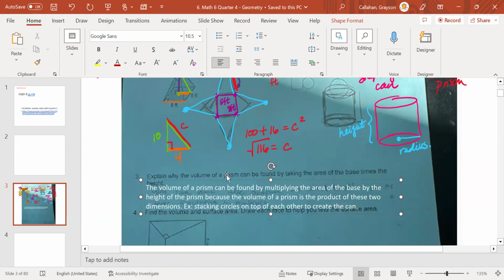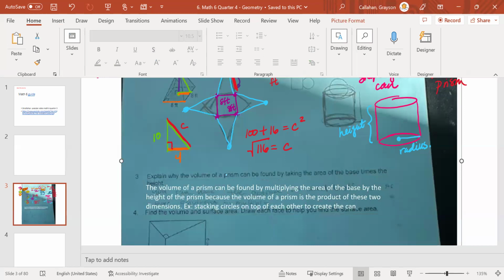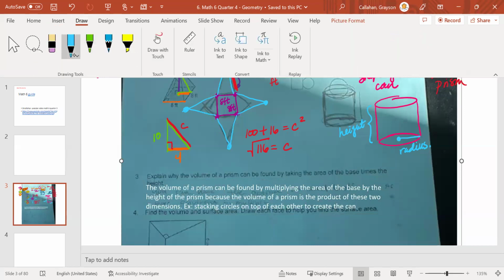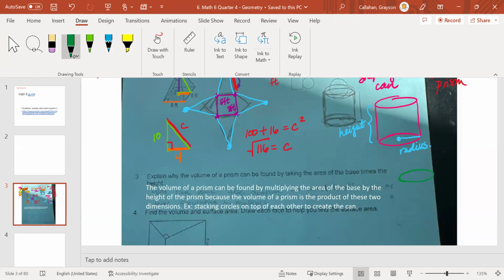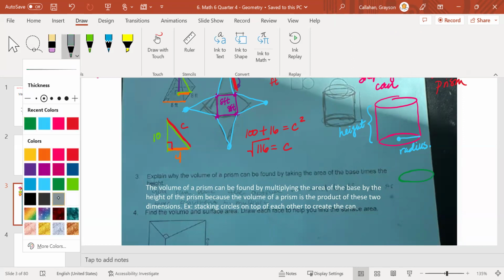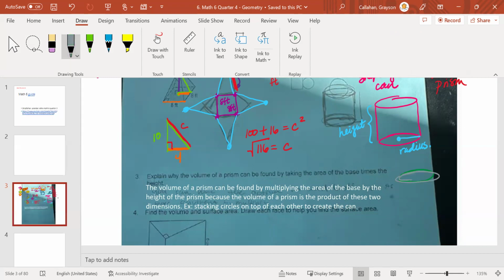Okay, so right next to this part, think of it like this. It's kind of like you have the area of the circle. Can't see that. Hold on. Right? And then we'll stack another circle, another circle, another circle. You're basically just stacking a bunch of circles together.